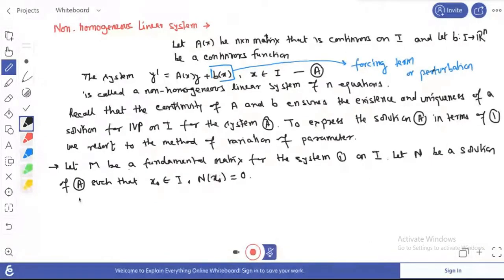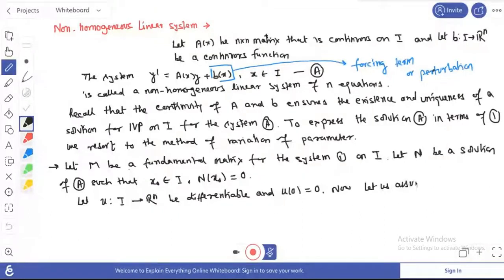Okay, so if we assume any u which is a differentiable function and the initial condition is satisfied, now let us take N(x), which is the general solution of the system A. This equals M(x), which comes from the homogeneous system of equations.